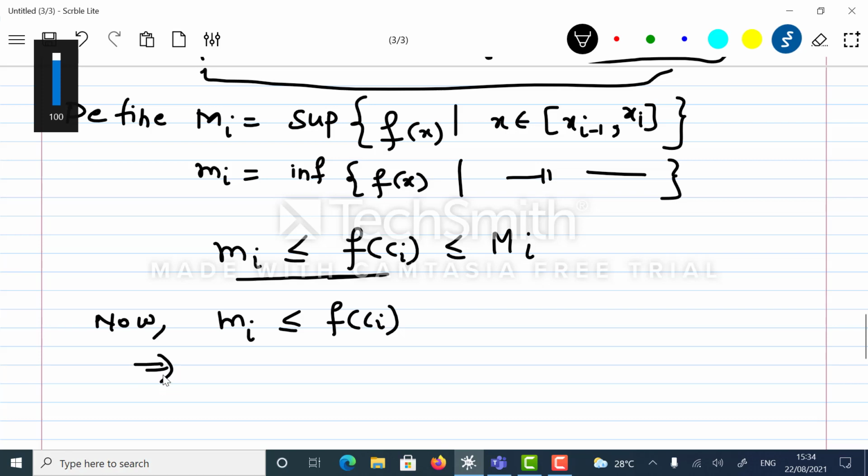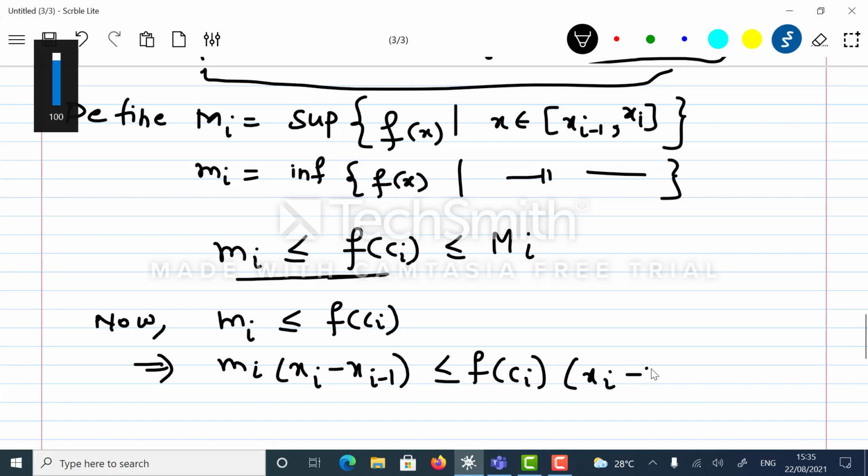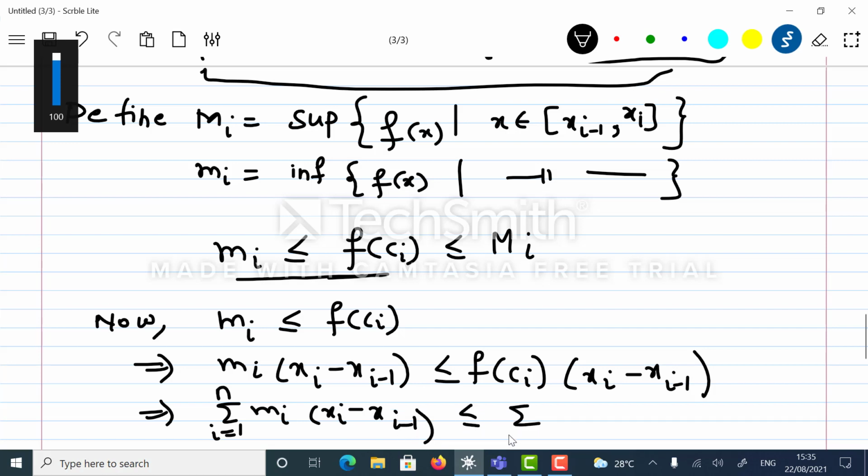This would imply, if I multiply this with (xi minus xi minus 1), and on the next step I take the summation, the summation, i goes from 1 to n, of small mi times (xi minus xi minus 1) is less than or equal to the summation, i goes from 1 to n, of f at ci times (xi minus xi minus 1).